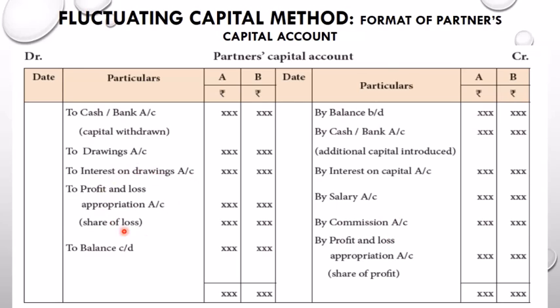If it's a loss, it will be shown on the debit side. And we have capital withdrawn, drawings, interest on drawings. So the balancing figure will be shown on the debit side. But we should be very careful. Here in this method, we can get both the balances, either credit or debit.